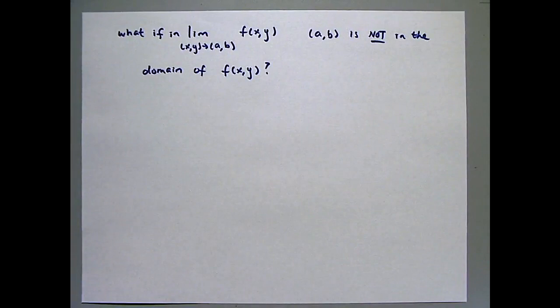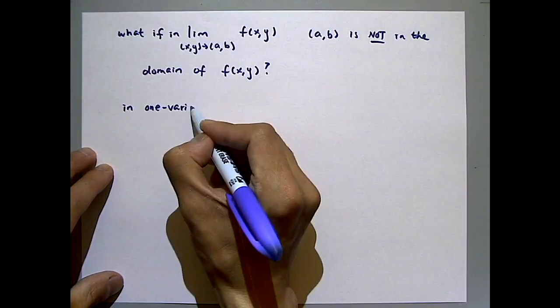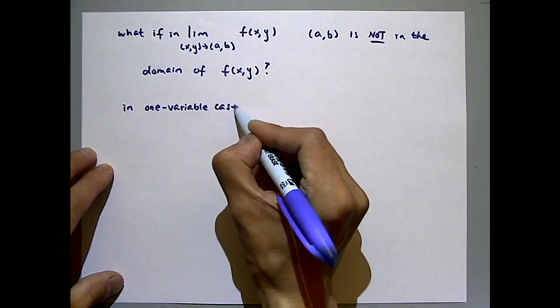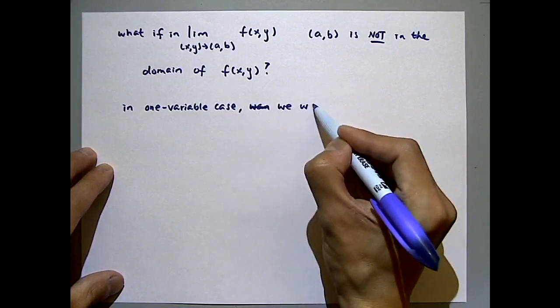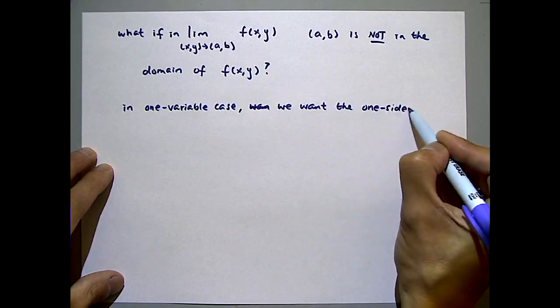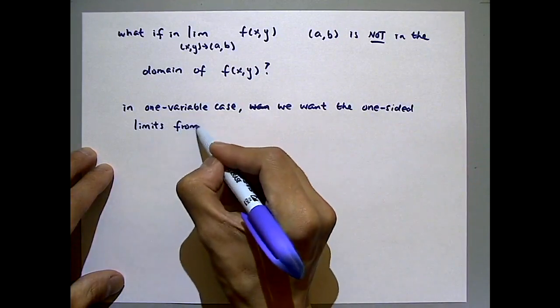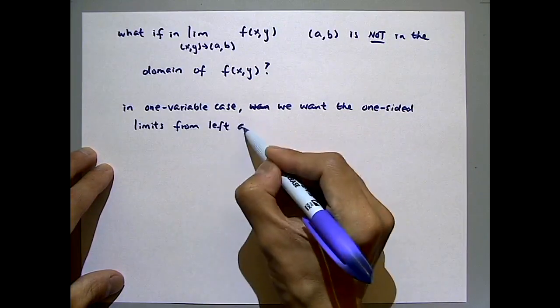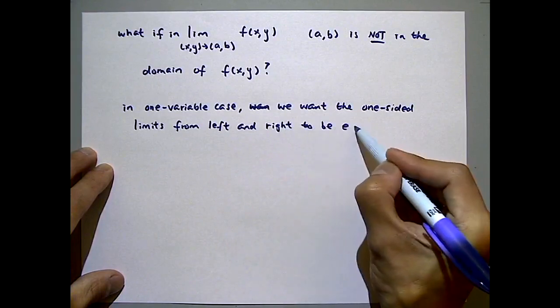Let's think back to the one variable calculus again, and we'll borrow the basis of that idea. You remember that in the one variable case, we want the one-sided limits from the left and the right to be equal.